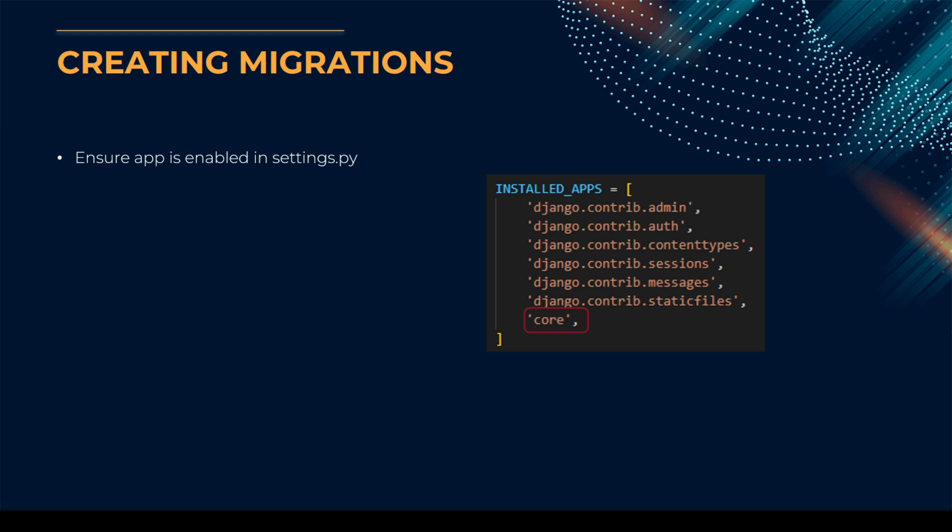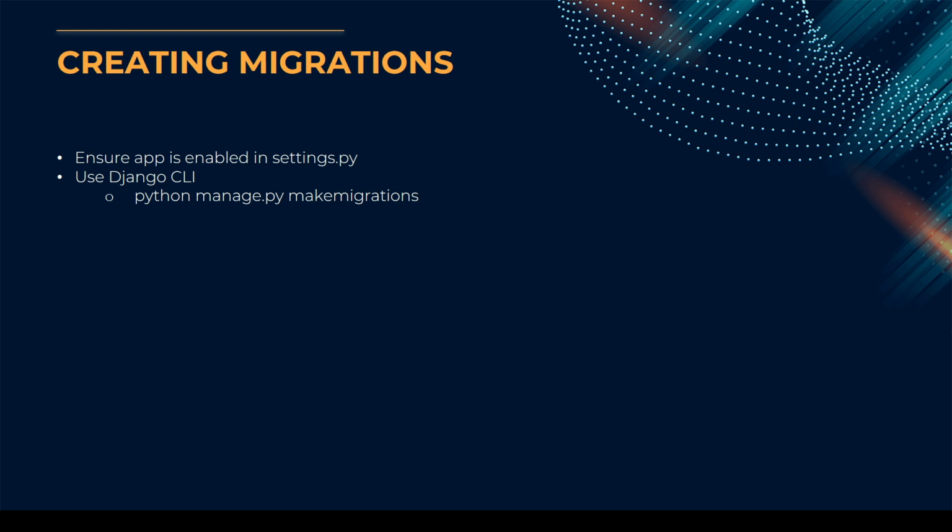So if your app is not enabled in settings.py, then you're not going to be able to run migrations or create migrations for the app. And then you use the Django CLI, and this is the command that's used to make the migrations for the project. And Django is very smart.